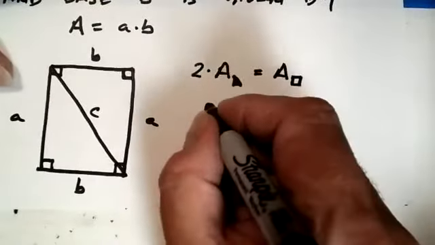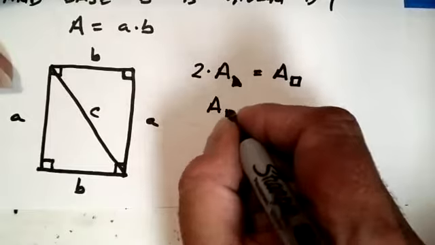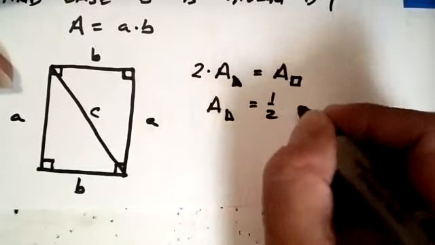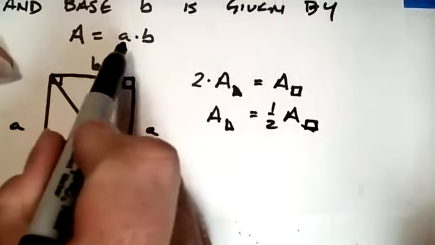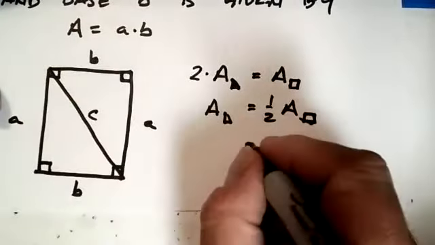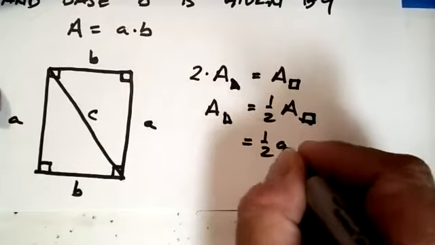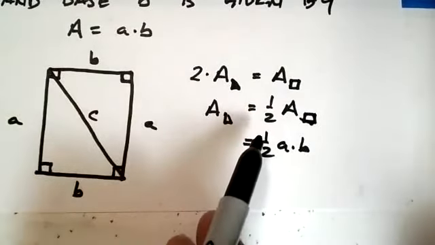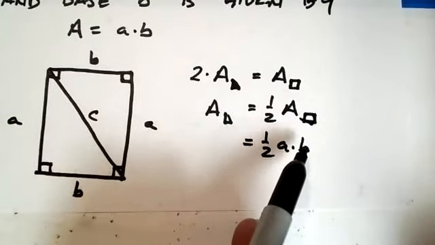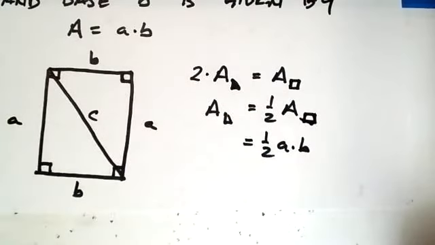So that means that the area of these individual right triangles is equal to 1/2 the area of the rectangle, which we have as a formula A times B, so it's 1/2 A times B. So the area of a right triangle is given by 1/2 times the product of the legs.